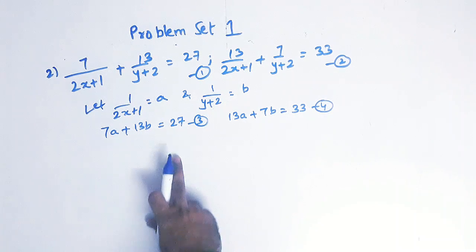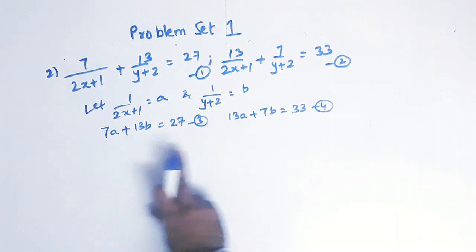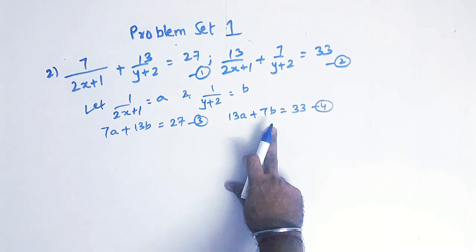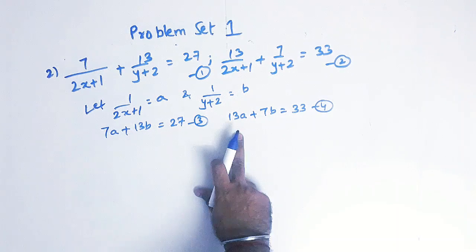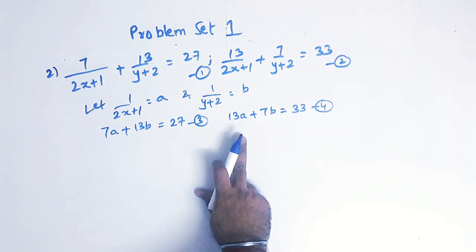So here we are with the two new equations where the coefficient of a is with b and the coefficient of b is with a. Such sums we have done before. In such cases, what do we do?